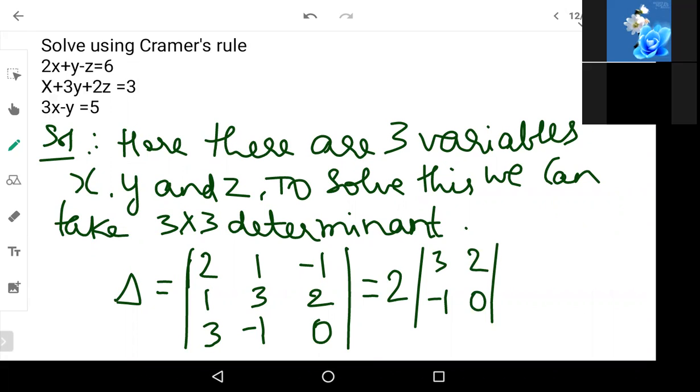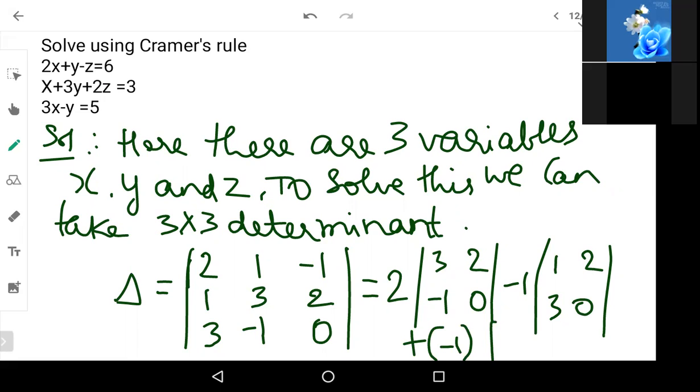And then it is supposed to be minus 1 into 1, 2, 3 and 0. And then plus of minus 1 into 1, 3, 3, minus 1. Your delta value should be 20, not 0. Sorry, 8.